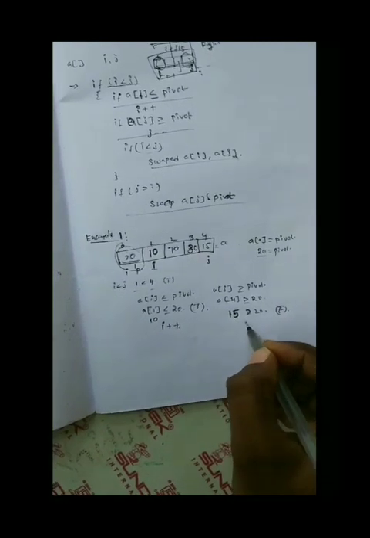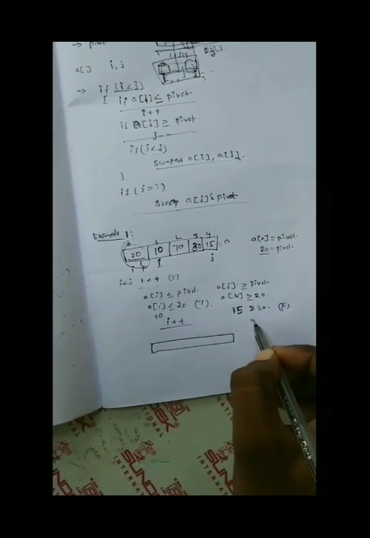No, so this condition is false. So the j value is not decremented. Here the I value gets incremented, so the I position is going to be changed and the j position is not changed.